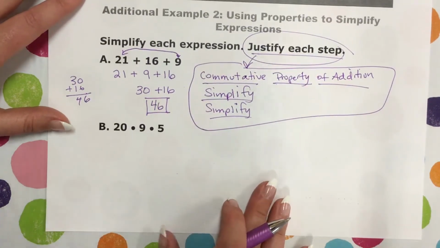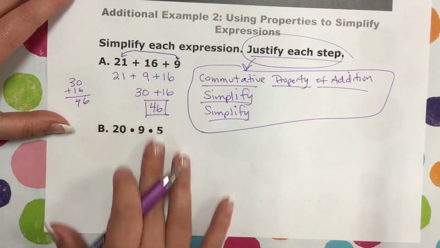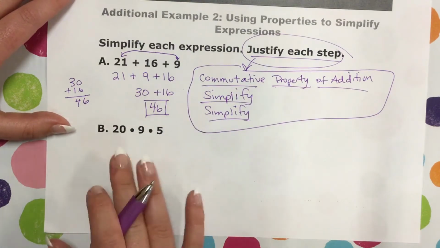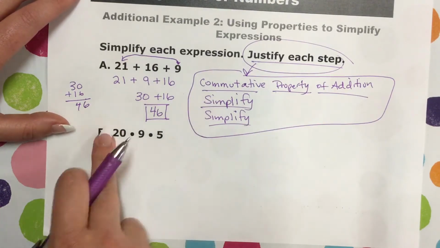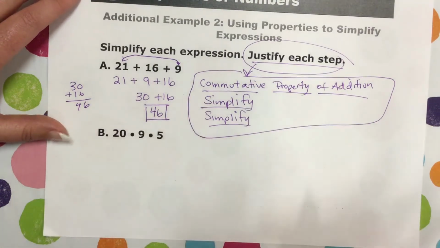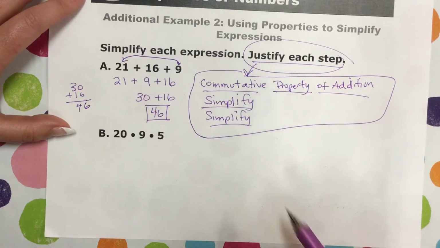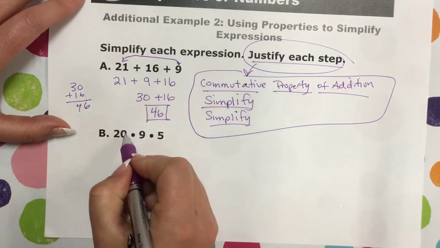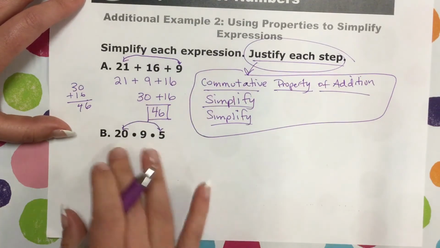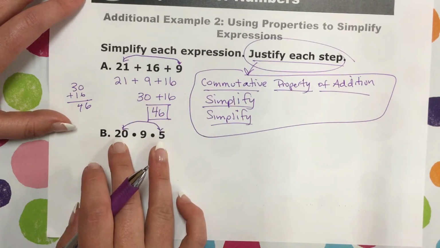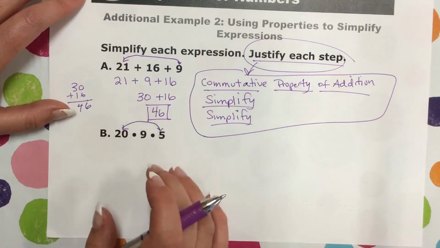Multiplication, fun. Is there anything that's jumping out to you? What I see is this problem can be easier. We can do order of operations, just go left to right, 20 times 9, all that type of fun stuff. But what I see, again, is that if we were to combine the 20 times the 5 first, that is actually equal to 100, and it would be easier to solve that problem that way.